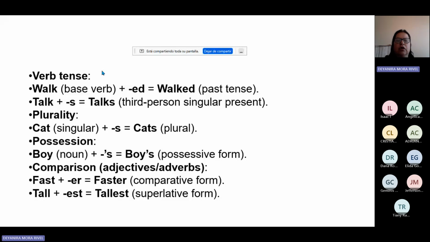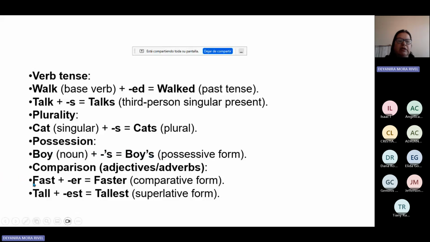Talk, the s is third person singular, right? And it's bound, therefore, because the s is another morpheme that indicates third person singular, but it's still a verb. To make plurals, we use the s to make a plural word, but it's still a noun. The possession with the apostrophe s, it's still a noun, but in the possessive form, right?